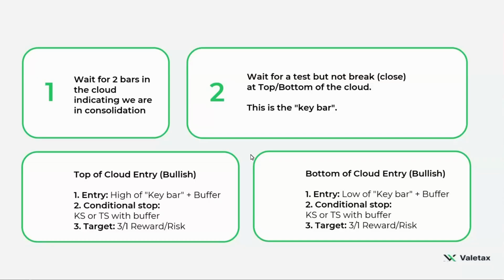That's where you have the biggest reward risk because that's when the trend is starting. When it's in the cloud, it's consolidating. If it comes above the cloud, that's the beginning of the bullish trend. So that's when you want to get in. If it comes out below the cloud, that's the start of the bearish trend, and that's when you want to get in. So that's what this went through, step by step, talked about everything in detail.